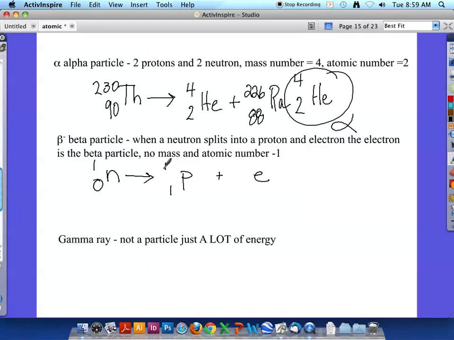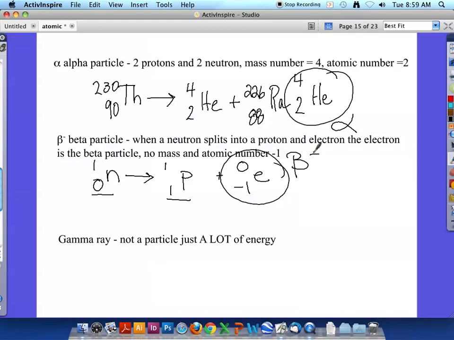An electron has no mass and a charge of -1. So does this add up to my neutron? 1 plus 0 equals 1. 1 minus 1 equals 0. So yes. This is my neutron, this is my proton, and this is my beta particle.